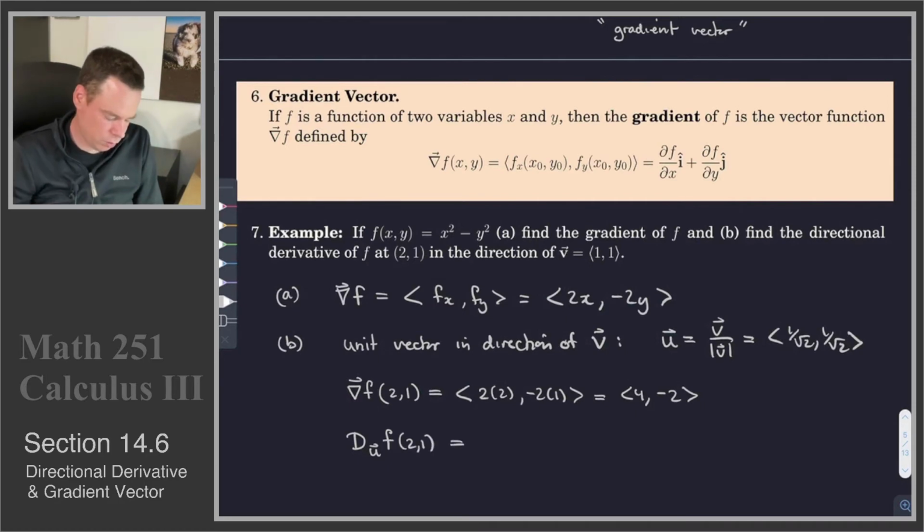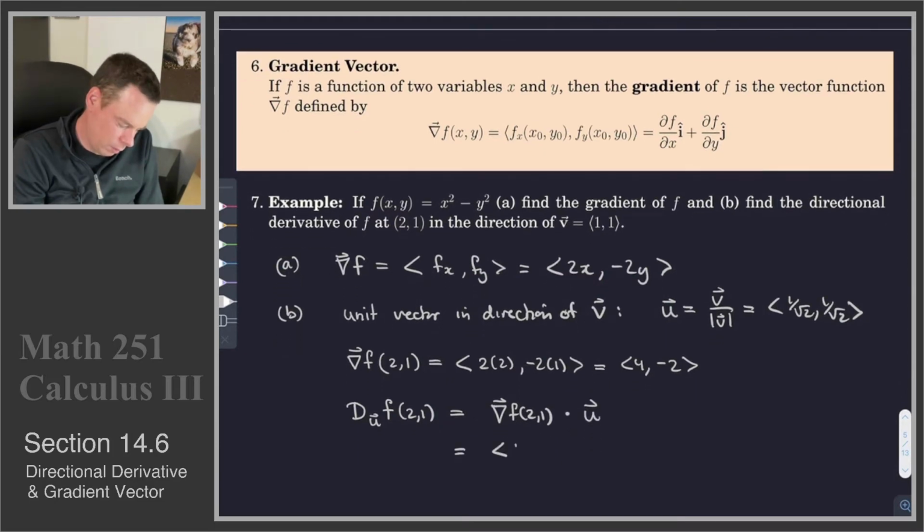We know that that's the gradient at (2, 1) dot the unit vector. So that would be (4, negative 2) dot (1 over root 2, 1 over root 2), which has a value of 2 over root 2, or root 2. So there's our directional derivative.